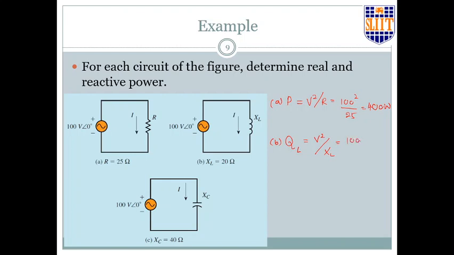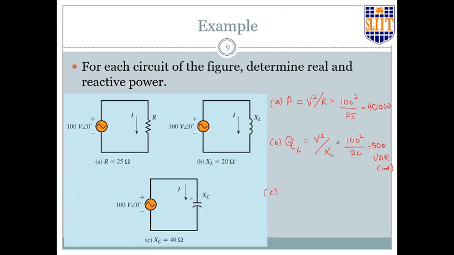Again 100. 100 squared divided by XL, which is 20. I think it's 500, let me check. 100 squared divided by 20 is equal to 500, right? So it's 500 VAR, within brackets we can write inductive, or plus 500 VAR.